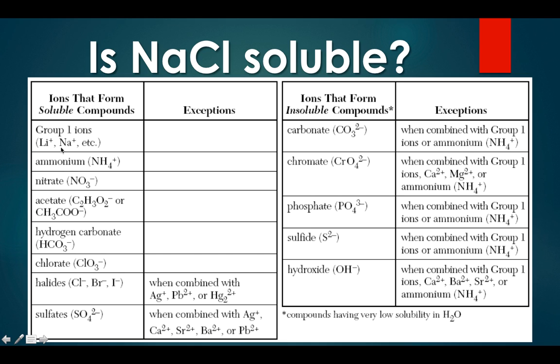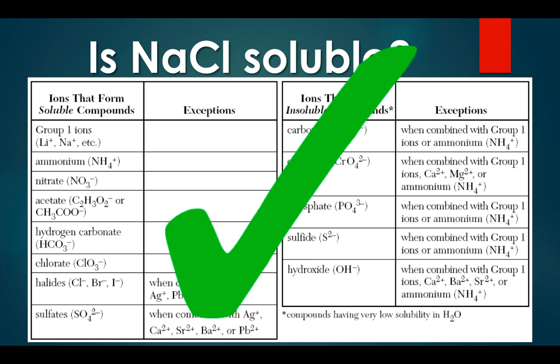It lists that these group 1 ions are in fact soluble. And notice there are no exceptions here. So, no matter what, these group 1 ions are soluble. So, if that's the case, sodium chloride is soluble.